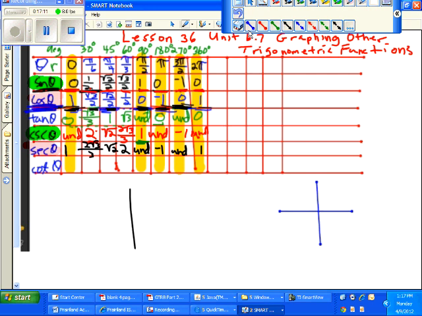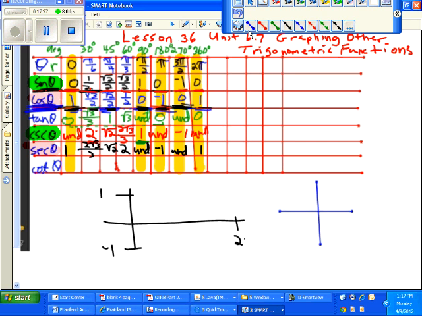And we will graph. Now, we're still going to go from positive 1 to negative 1 because we're really dealing with the reciprocal of cosine, so the period stays the same and the amplitude stays the same and all of that.